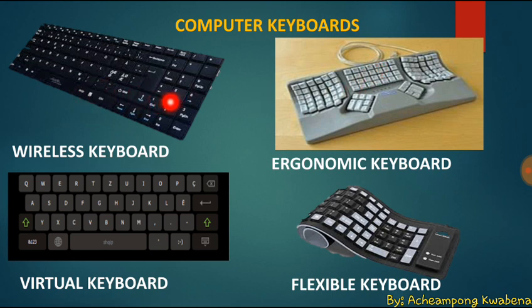You can see that all the keys are arranged in order, but for the ergonomic, the keys are split into different sections, and this one involves the use of the two hands in typing. This keyboard is designed in such a way that when we are using it, it reduces the pain that we have in our muscles when it comes to typing.